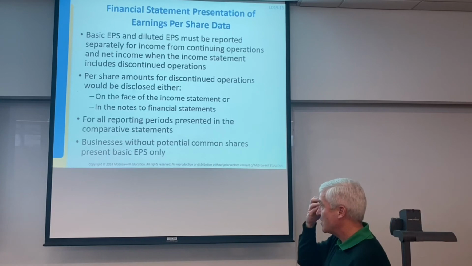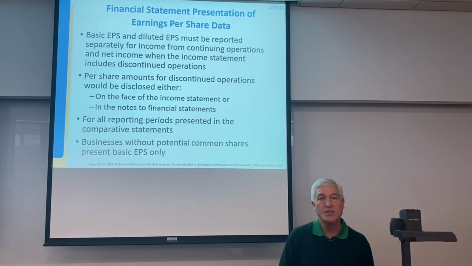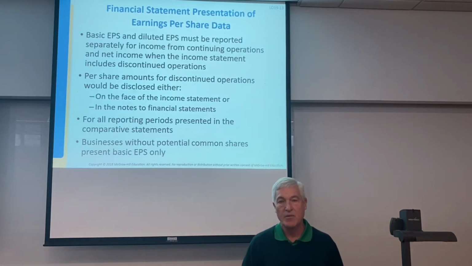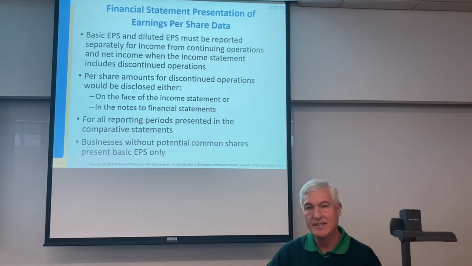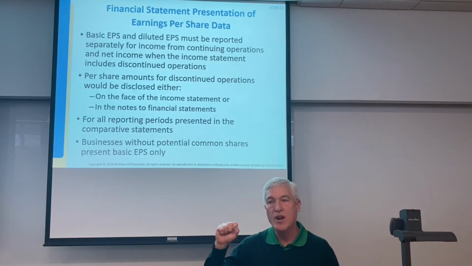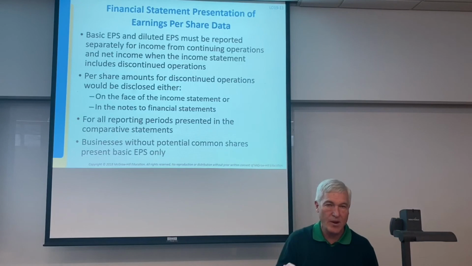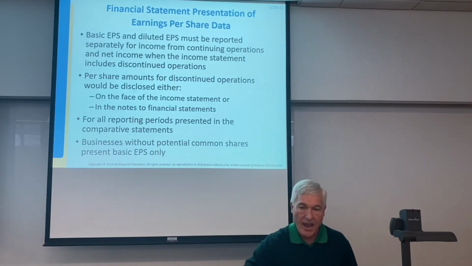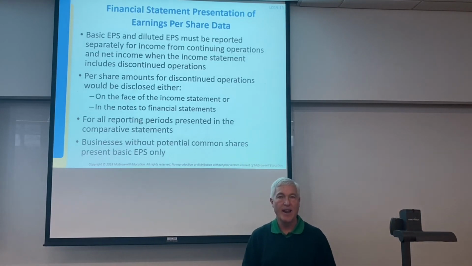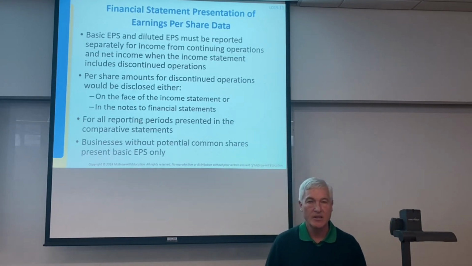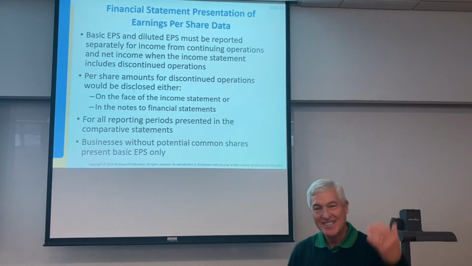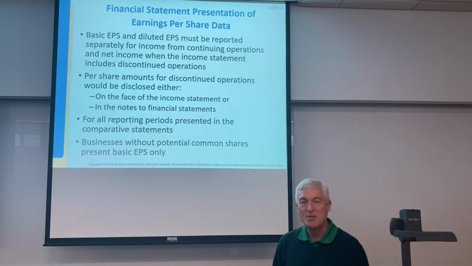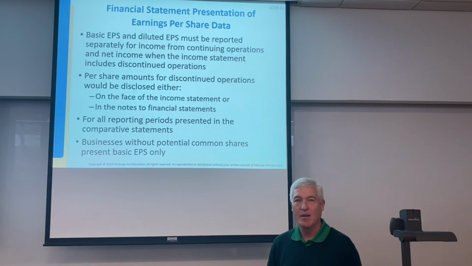Now, if you have a line item for discontinued operations, then you need to show your basic and diluted for continuing operations, your basic and diluted for the discontinued operations, and your basic and diluted for the final net income, adding continuing and discontinued together. So you could potentially have six earnings per share numbers on an income statement.